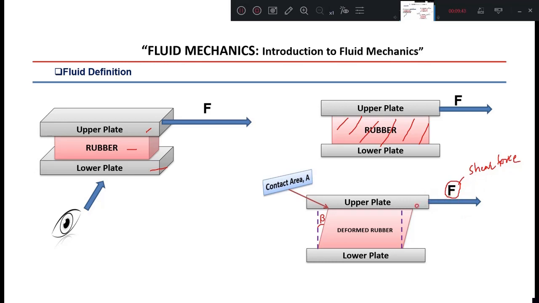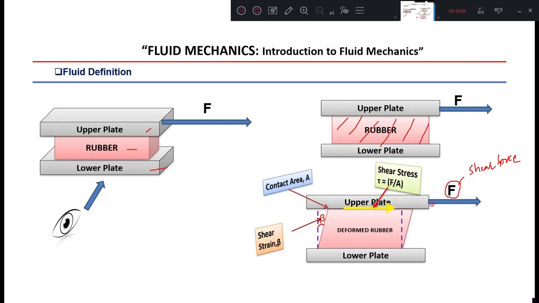Then the angle of deformation is directly proportional to the applied force on the upper plate. So the more the magnitude of the force, the more the deformation.